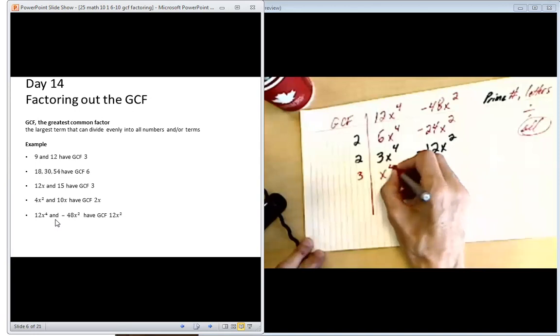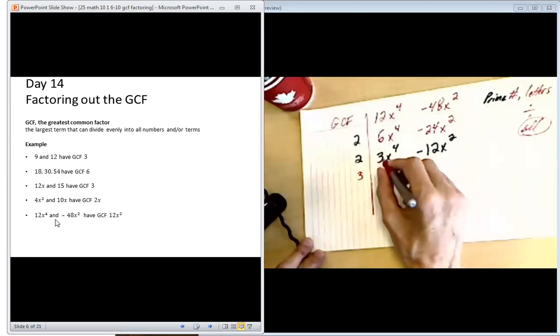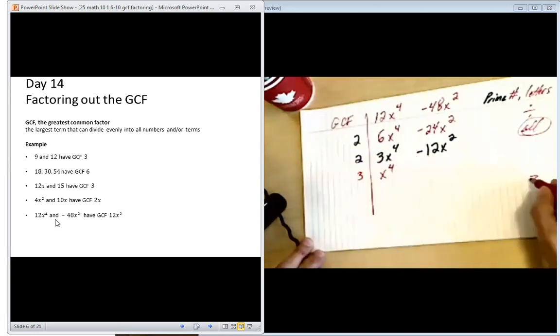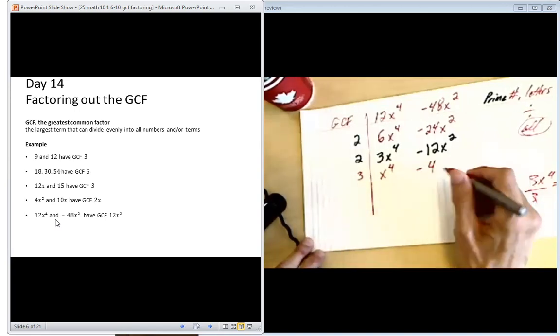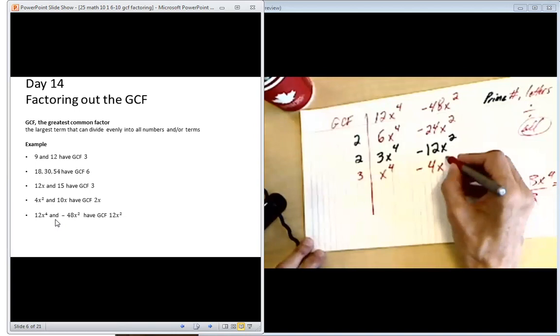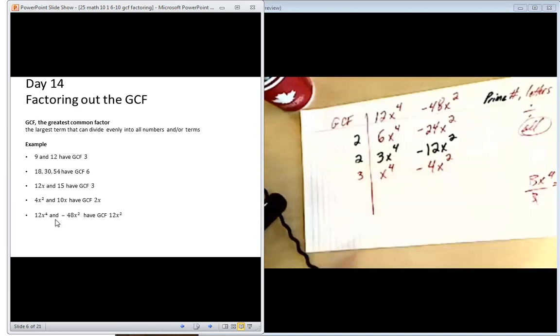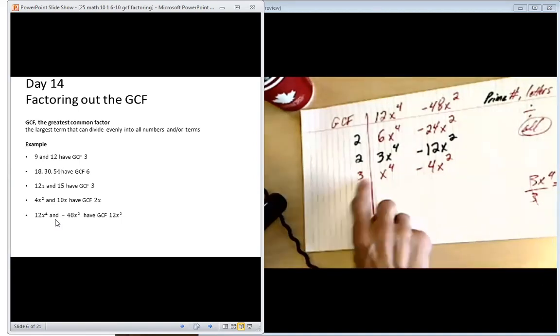Yeah, just x because it divides out, right? Off to the side if you need to. And -4. Yeah, x to the 4. And this one, -4 from Zoom. Yeah, keeping the x squared there, right? That's right. 1 we can't. We just did 3. 3 divided by 3 gives 1.